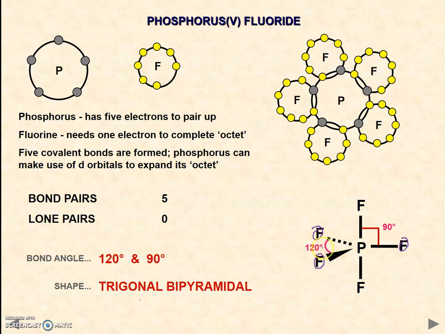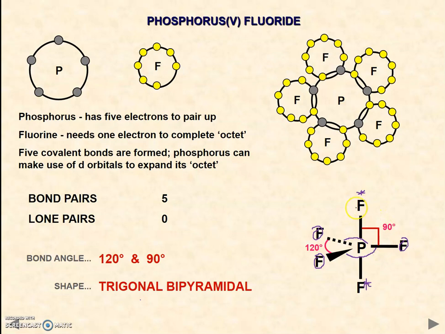It's called equatorial, and so the bond angle between these is 120 degrees. So that bond angle there will be 120 degrees, and that bond angle there will be 120 degrees. The axial atoms, the ones above and below the plane of the equatorial, have a 90-degree bond angle.